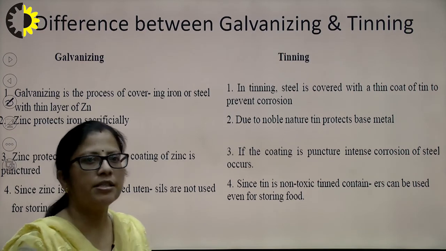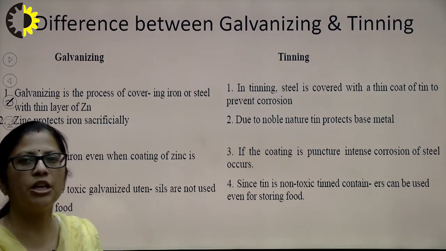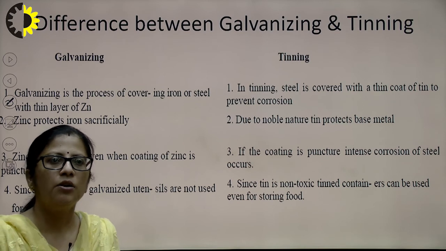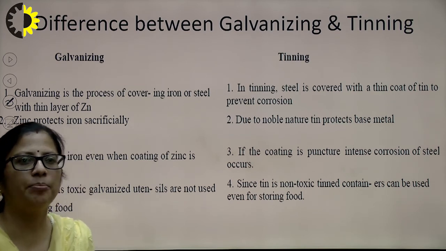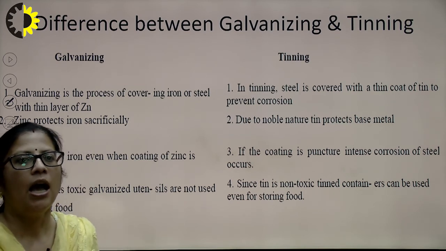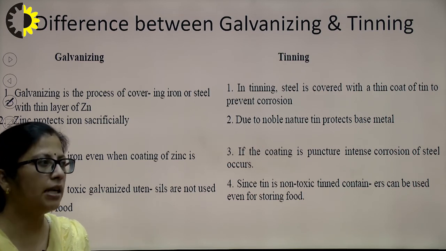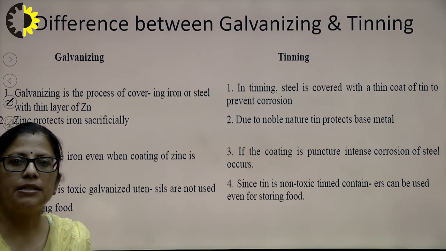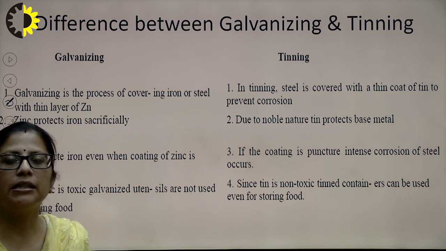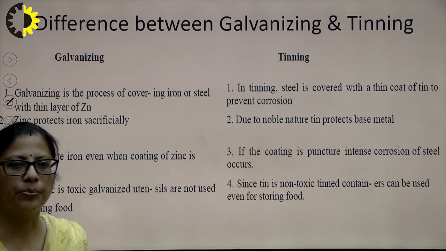Here are the differences between galvanization and tinning. So, galvanization is nothing but a process of covering iron or steel with a thin layer of zinc, while in tinning, steel or iron is covered with a thin coating of tin to prevent corrosion.